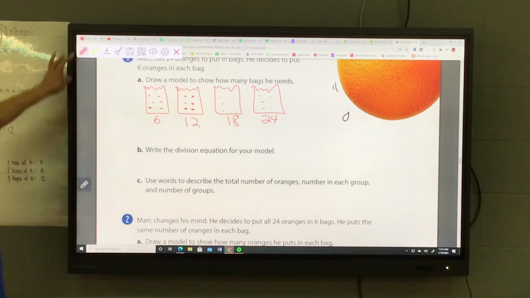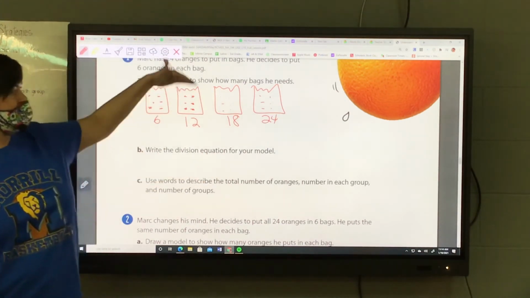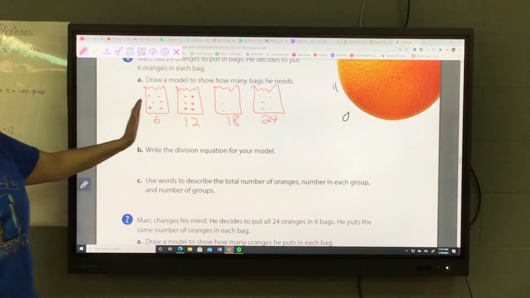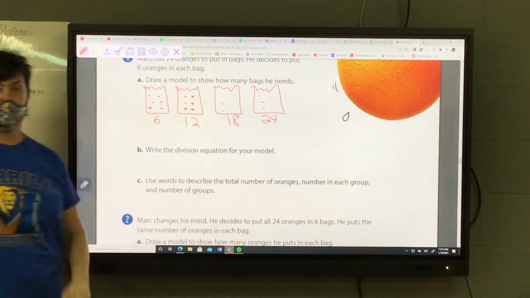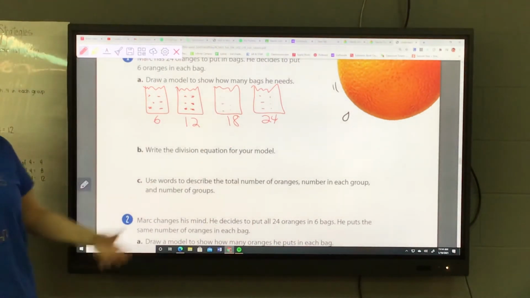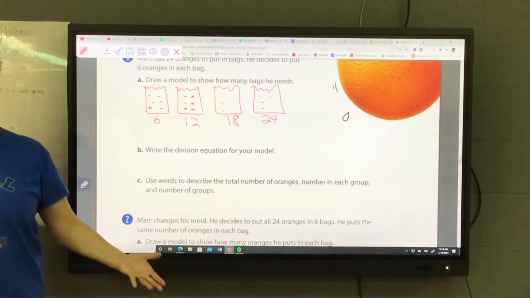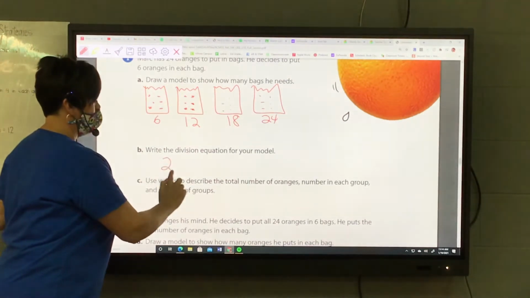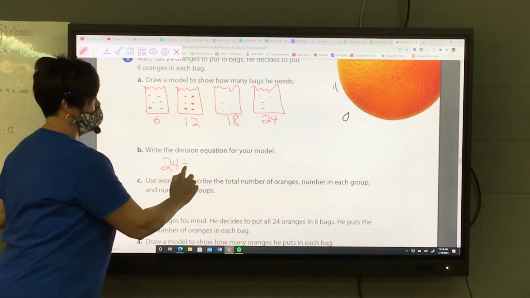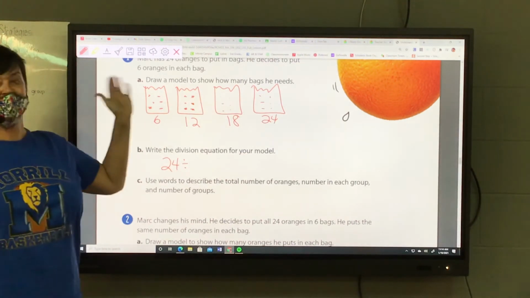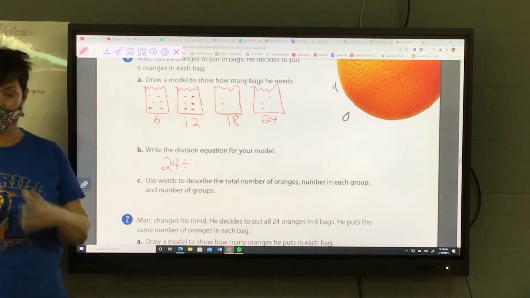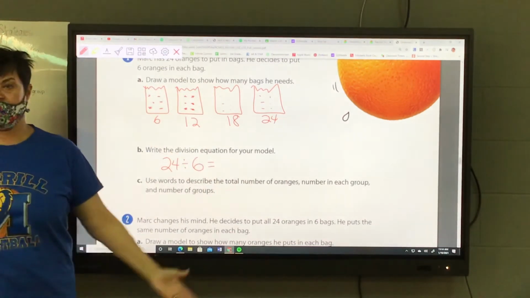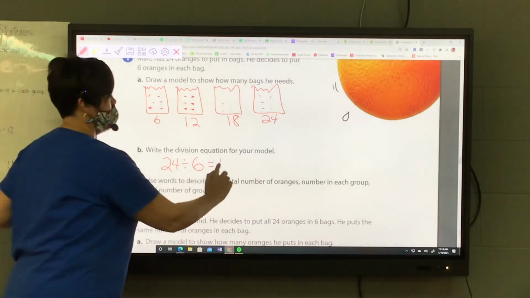So, write the division equation that goes with this model. So using the information that we have here and what it's showing there, what would our division equation look like? How many did we have in all? 24. 24 divided by 6, because there's 6 in each of the groups, equals how many groups did we end up with? 4.